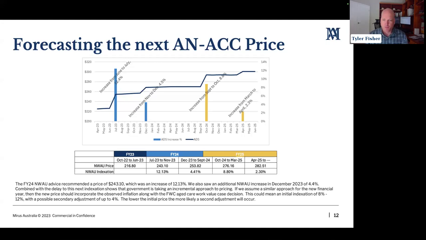So if we see a price increase of around 8% in October, we may see another 4% in April. And really, it's that first price adjustment in October that will really tell us how likely it is to see another adjustment later in the year.